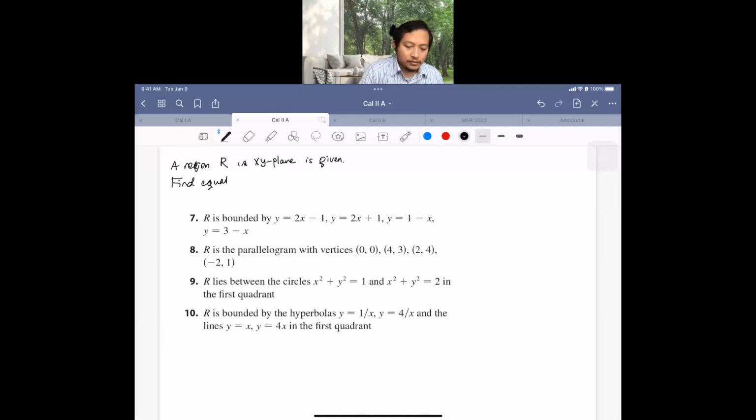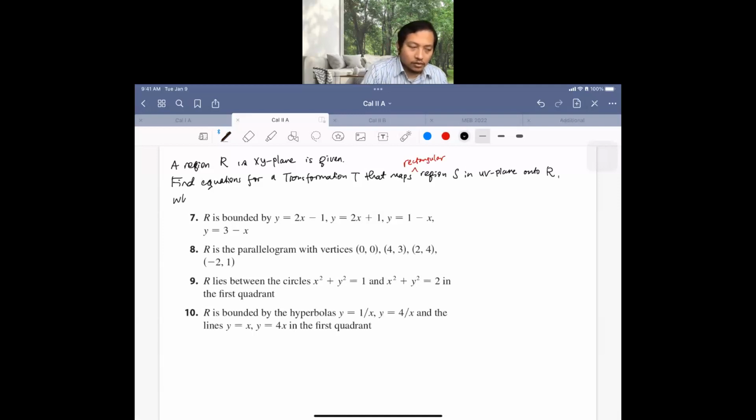Find equations for the transformation T that maps region S, the rectangular one, in the UV plane onto R. This is supposed to be a rectangular region, if the S, rectangular region, onto R, where the sides of S are parallel to the U and V axes.